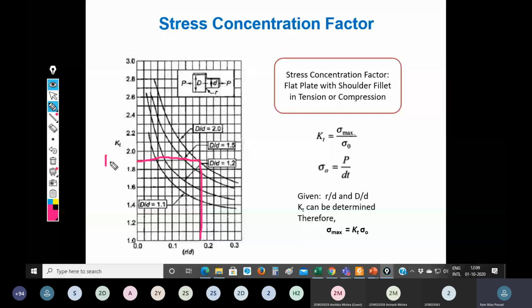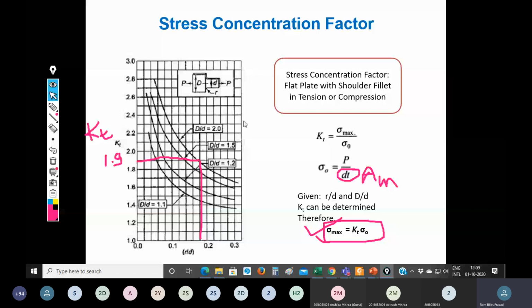Kt is 1.9. So for such a diagram you can find out Kt, and then you have to use the minimum cross section area in the denominator for calculating nominal stress. Minimum cross section area, that is small d into t, and then you can find out maximum stress. Maximum stress in this case, right?